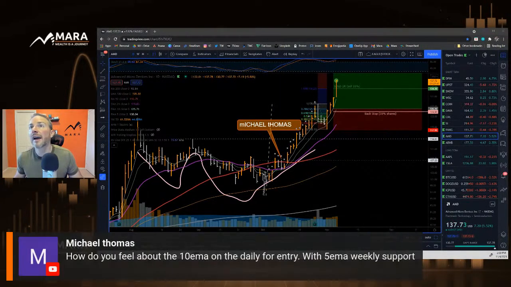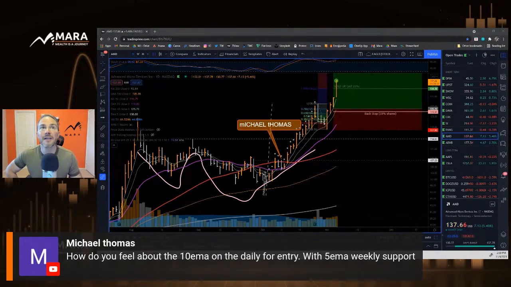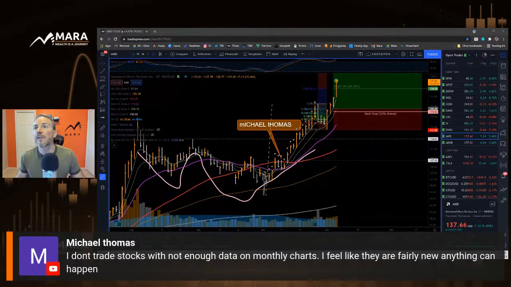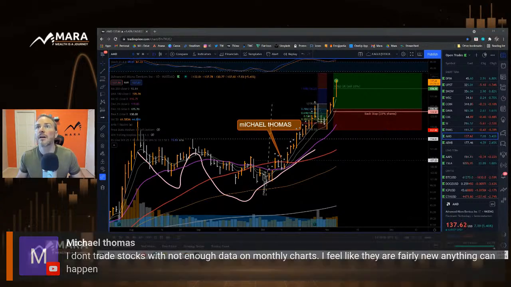And you were asking, how do you feel about the 10 EMA on the daily for entry with 5 EMA weekly support? And you also go on to say that you don't trade stocks with enough data on monthly charts. You feel like they are fairly new, and anything can happen. All right, so that's a separate question, I think.